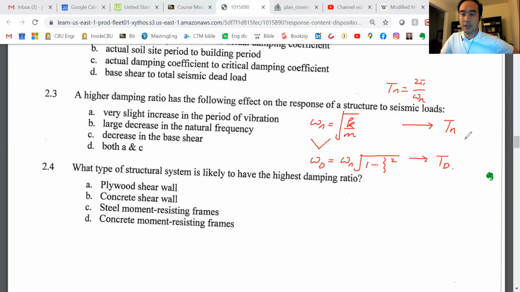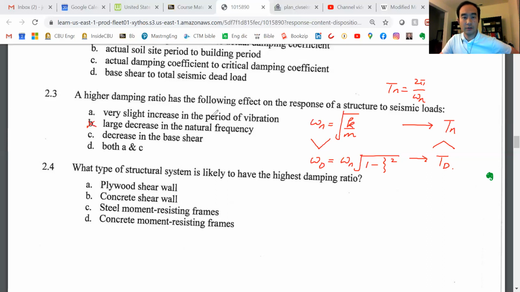It's going to be an inverse relationship. So if omega n is larger than omega d, then the damped period Td is going to be longer than the natural period. So higher damping ratio means not a large decrease in frequency, so B is not going to be the answer.